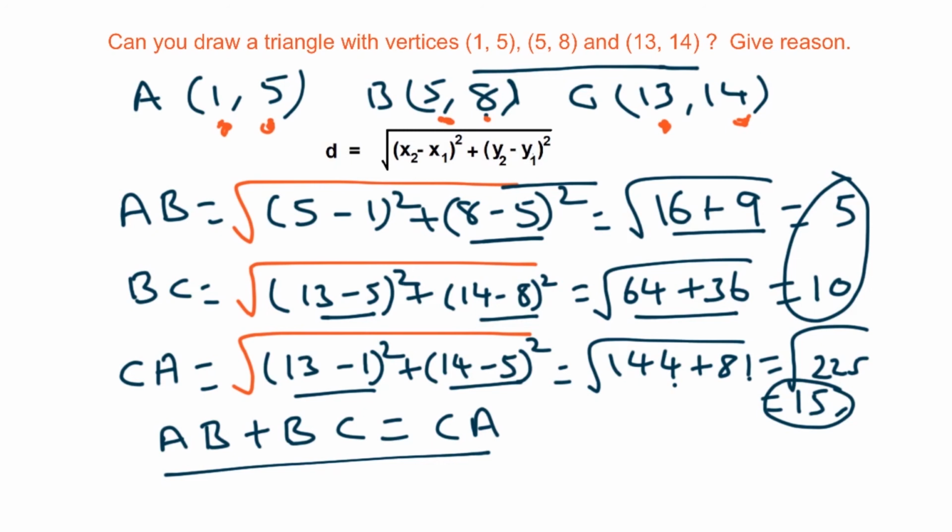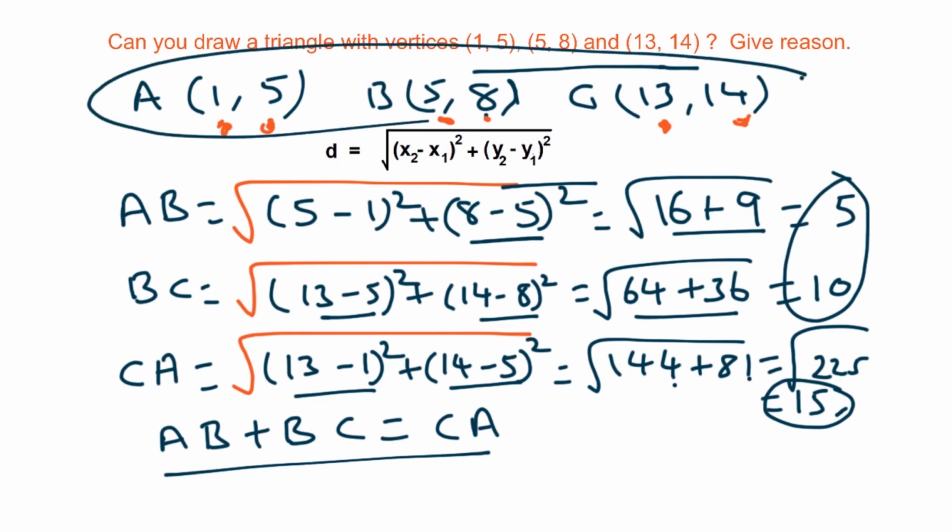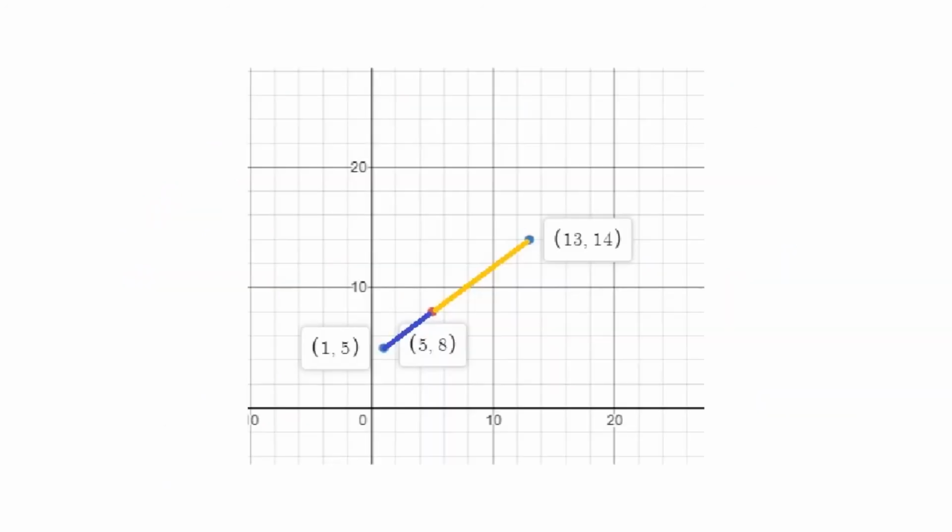To understand this, we will see the graph of these 3 points. We will plot these three points, (1, 5), (5, 8) and (13, 14). So if you observe here, this is point A, point B and C. Now what we got?